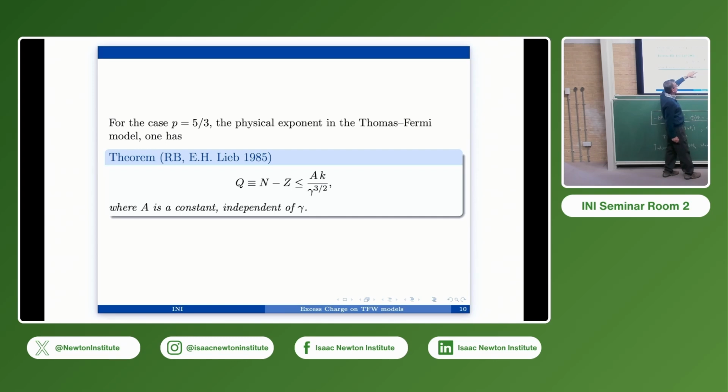K is the number of nuclei, A is a constant independent of gamma, P here is 5/3, and you have gamma over T in the denominator. So if gamma is big enough, surely you prove the conjecture, at least in this model, that n is less than C plus 1. So for gamma big enough, in the P equal 5/3 case, it is true that Q is less than 1.